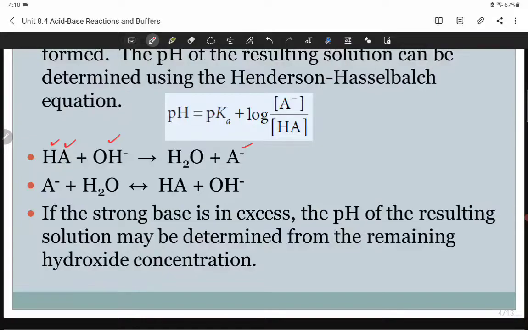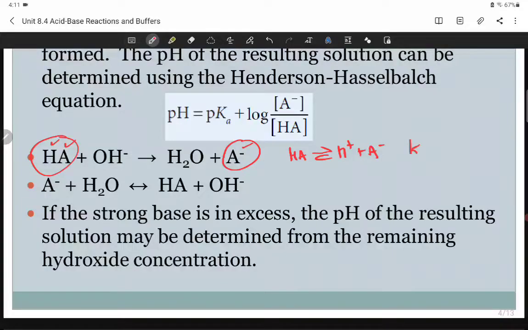So if you end up running out of OH minus and making A minus and having HA left over, you would have that going back and forth in the beaker.